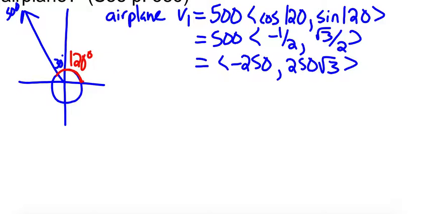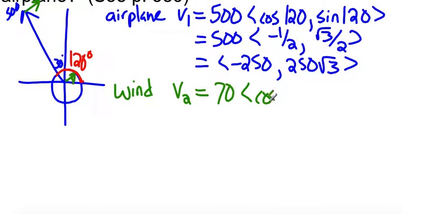Now, it encounters some wind. The wind is going from the north 45 degrees east. Okay, so we could translate that down here if we wanted to. It's the same thing. So our wind only, if we want to write a vector describing that, I'm going to call it V2. It has a magnitude of 70, with 70 mile per hour wind, and it's a 45 degree angle.